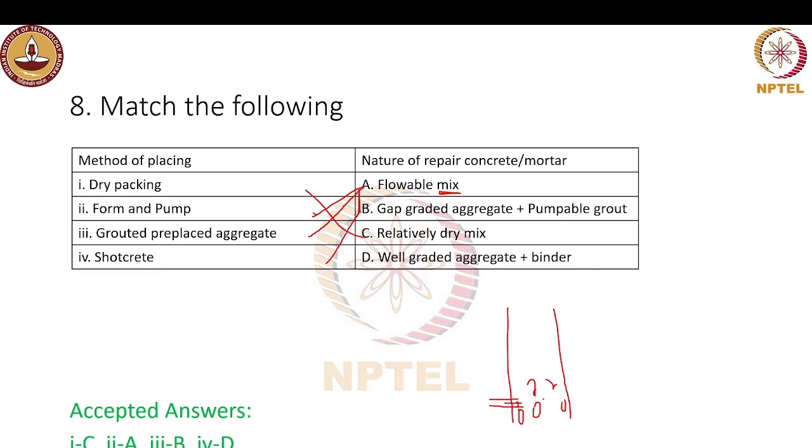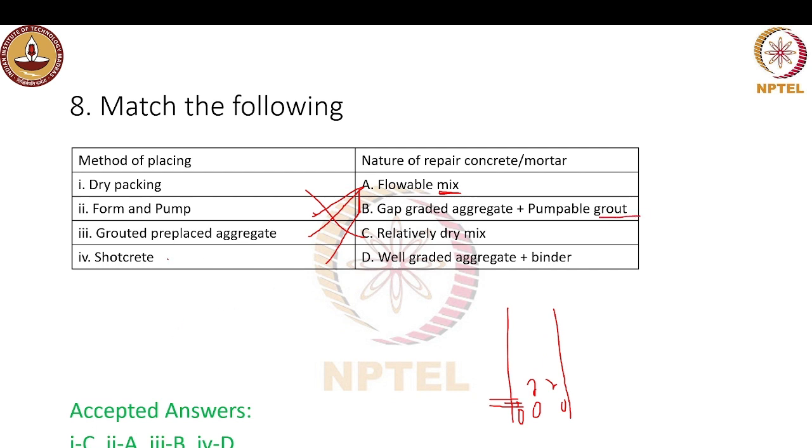If we add well graded aggregates, the mortar will not go into the small pores. So that's why in grouted pre-placed aggregate we will have gap graded aggregates, and then we will pump the grout into it. Grout is mainly our mortar mix.